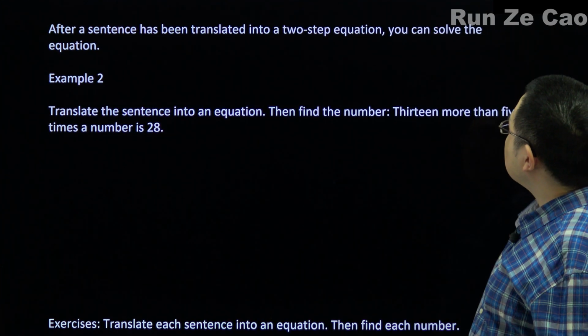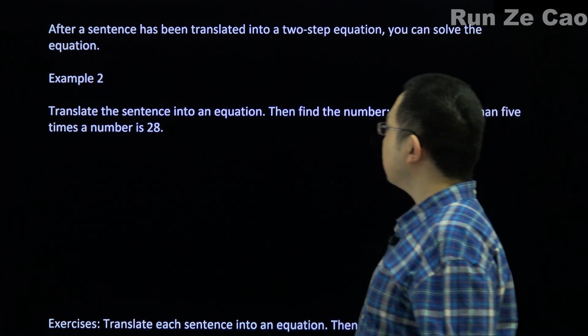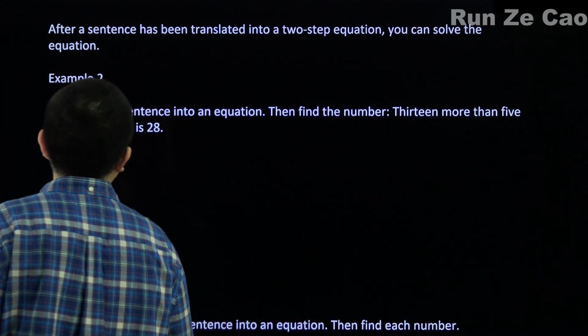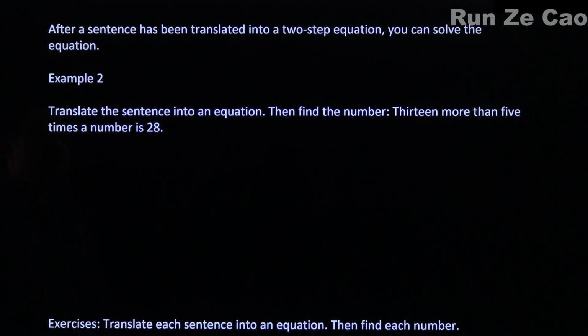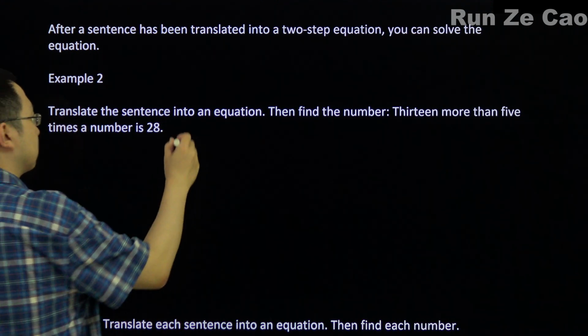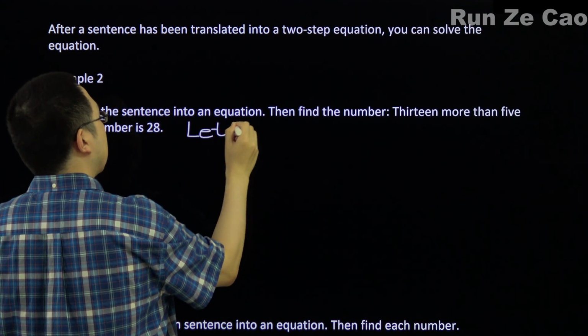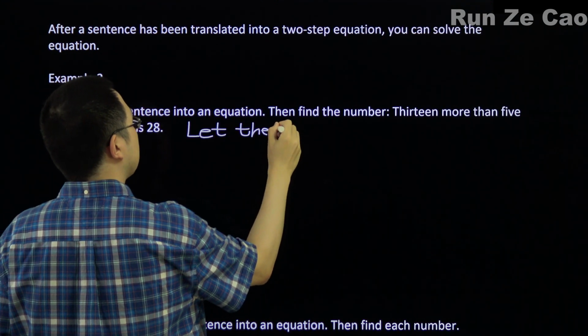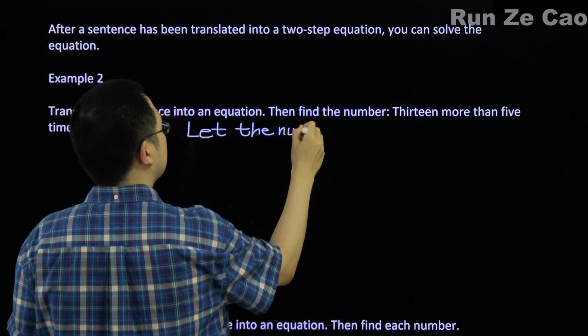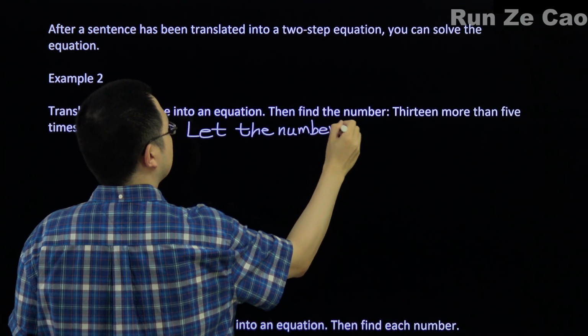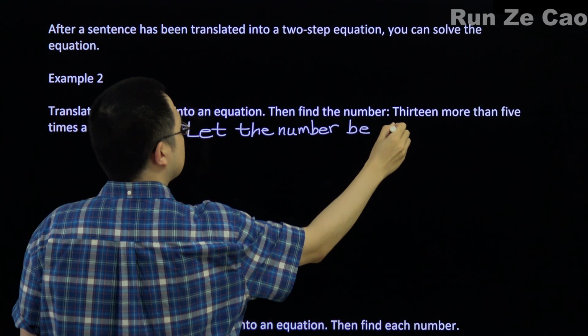After a sentence has been translated into a 2-step equation, you can solve the equation. Translate the sentence into an equation, then find the number. 13 more than 5 times the number is 28. Let the number be n.